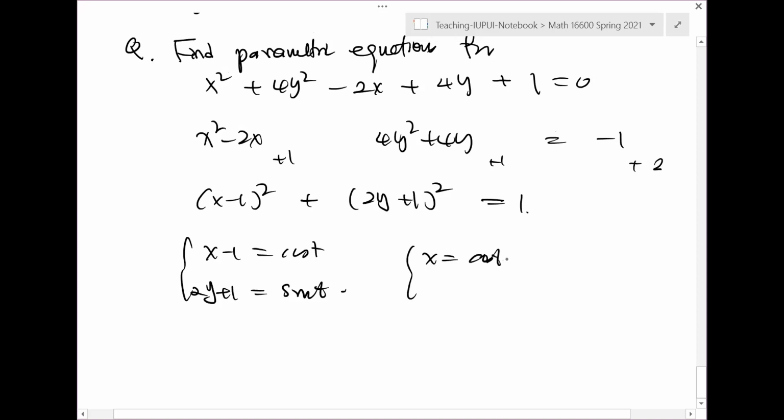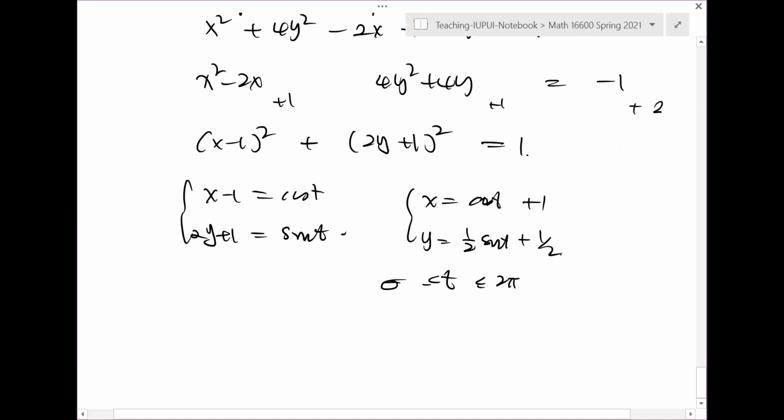So x equals cosine t plus 1, y equals half of sine t minus 1/2. T is also from 0 to 2 pi. You can get the complete ellipse. It's an ellipse, but the center is not at the origin.